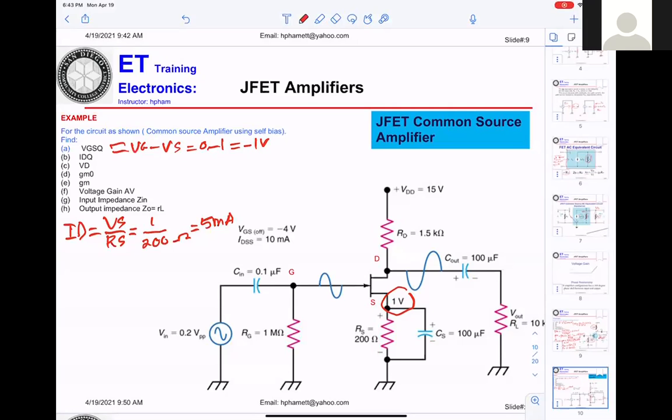ID equals IS all the time; they will be the same for the JFET. Then GM0.